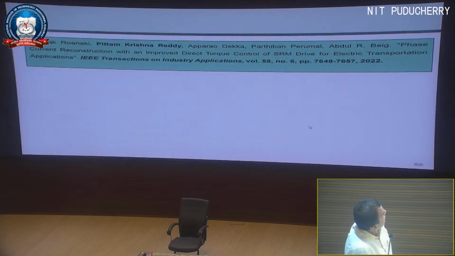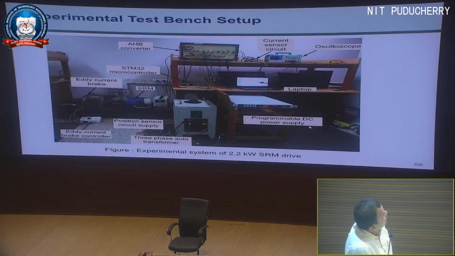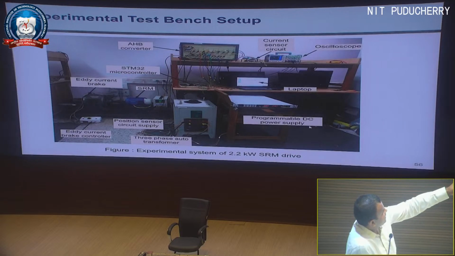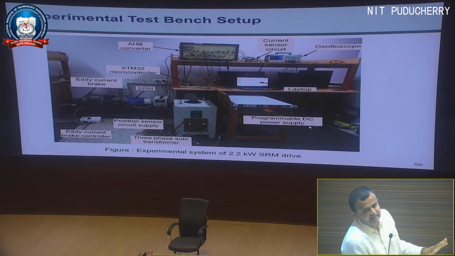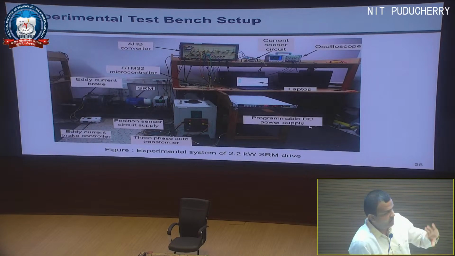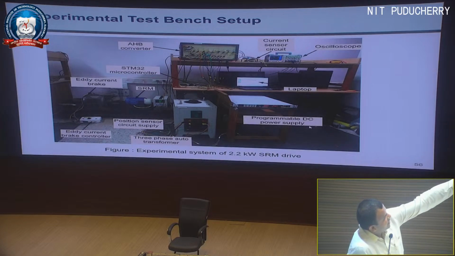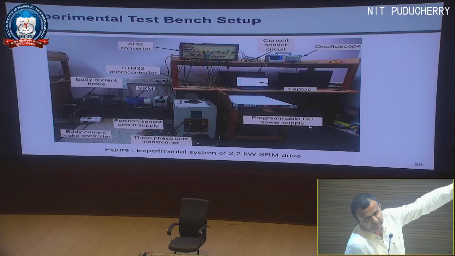Yes, and this is the publication on that, and this is the setup we have used. The blue color is the SRM connected to the electro brake, the dynamic brake. Initially, there are some companies which can give the total setup, but you can see that the AHB converter we have taken from Pragna, this SRM is from PSG Coimbatore, and this is from Chalakudi.